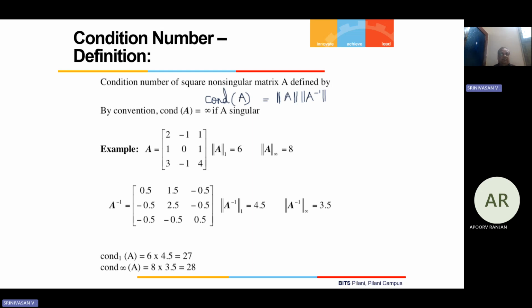What is the condition of A? Condition suffix 1 we can put for now, when you are calculating norm A inverse with respect to the 1 norm. 6 into 4.5, that is 27. Condition suffix infinity of A is norm A suffix infinity into norm A inverse suffix infinity, that is 8 into 3.5, 28.